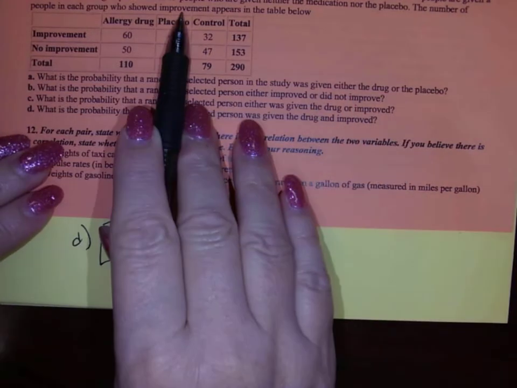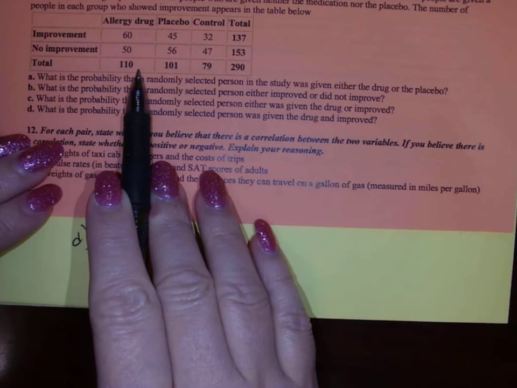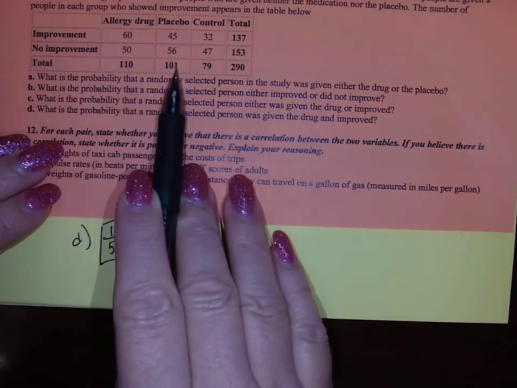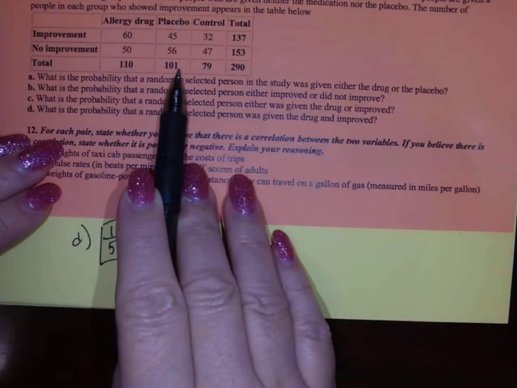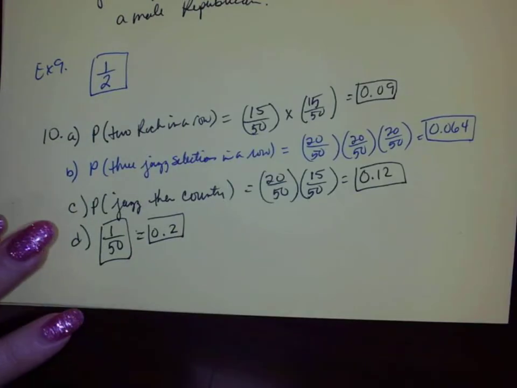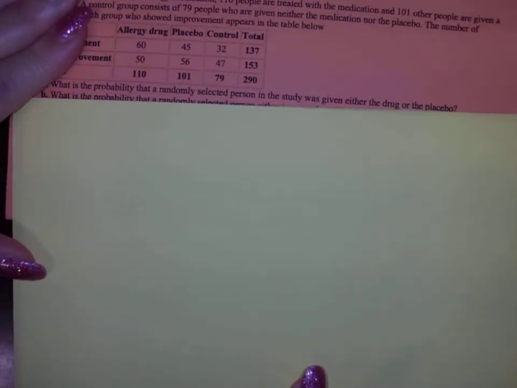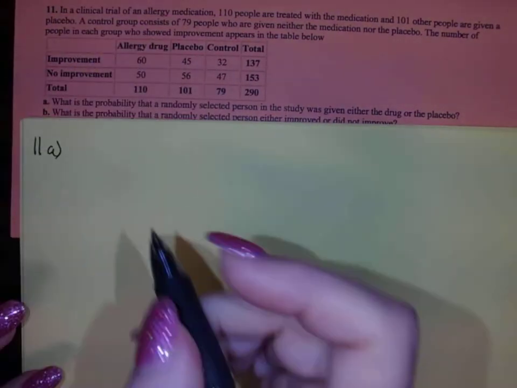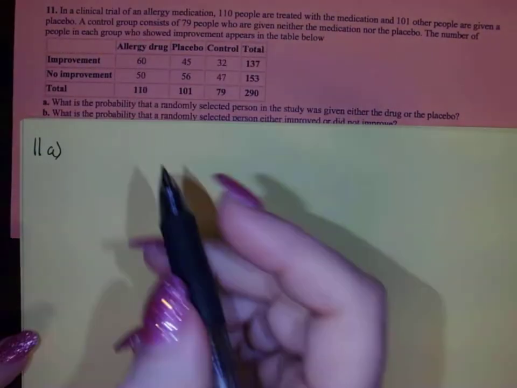Well, the total people for the drug are 110, and the total people for the placebo are 101. So, let's see if we can keep that into play so you can see what we're looking at. All right, so this is 11 part A. So we're looking at combining those together, right?